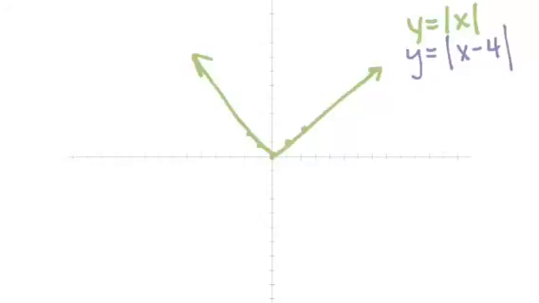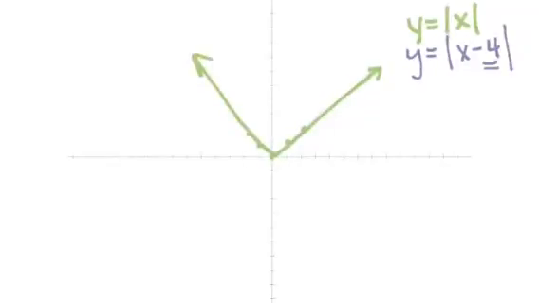Okay, so we are always going to start graphing absolute value equations by thinking of our parent function, just y equals the absolute value of x. And so that's there in green. The first one we were asked to graph on the last slide is y equals the absolute value of x minus 4.